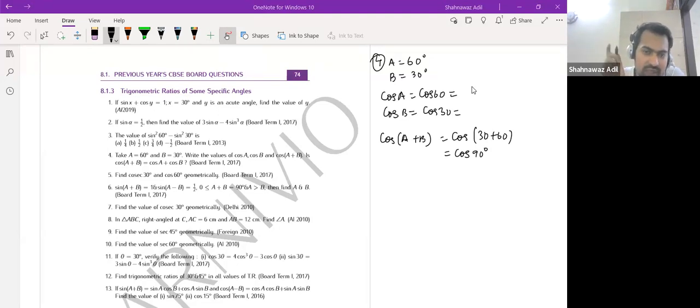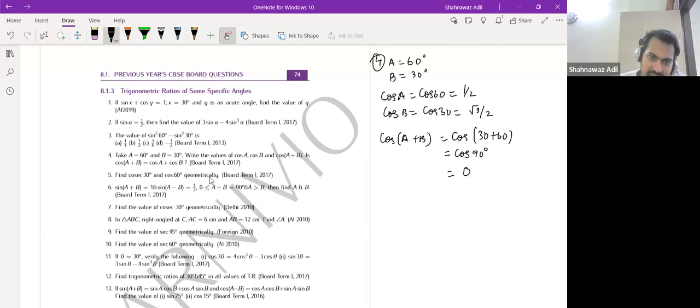Because this second exercise is all about remembering the values. Yes, half. So cos 60 is half. Cos 30 is root 3 by 2. Cos 90 is 0. Right.